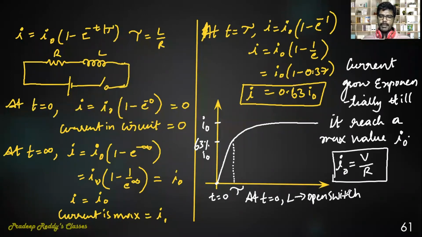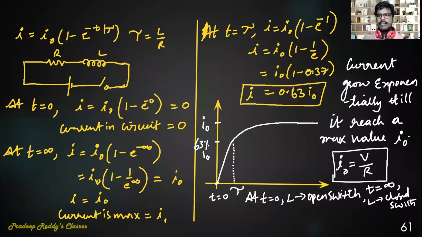At time t equal to 0, the inductor will act as an open switch, and at time t equal to infinity, the inductor acts as a closed switch. Meanwhile, in between t equal to 0 and t equal to infinity, the current in the inductor grows according to the equation I = I naught (1 - e^(-t/tau)).